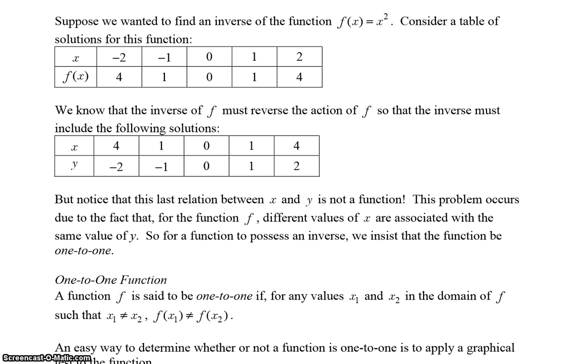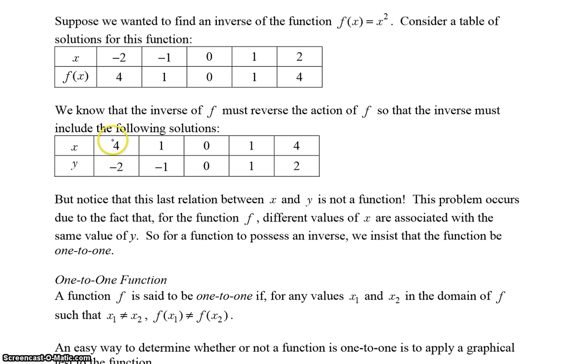Similarly, we see that negative 1, 1 in the first table corresponds to 1, negative 1 in the second table. We know this must be the case because the inverse of a function must reverse the action of the original function. The problem, however, is that when we reverse the x's and y's for this particular function, we no longer have a function.